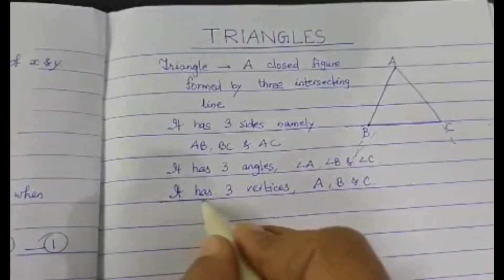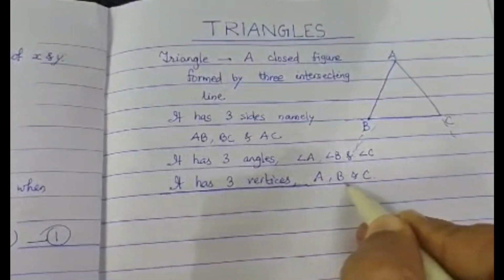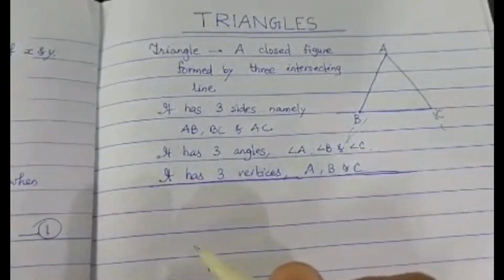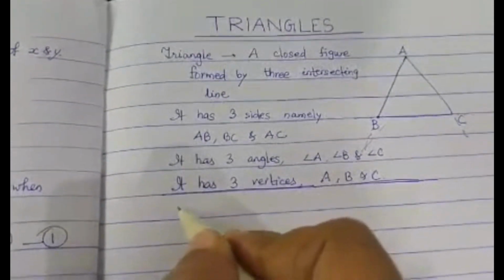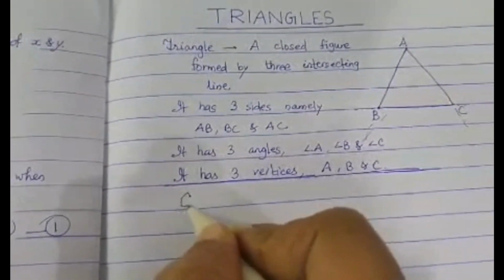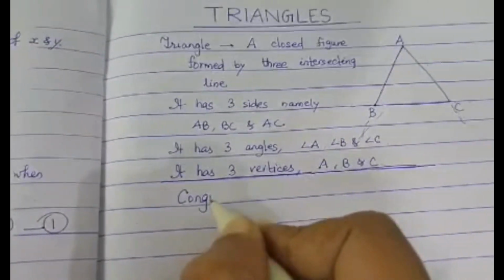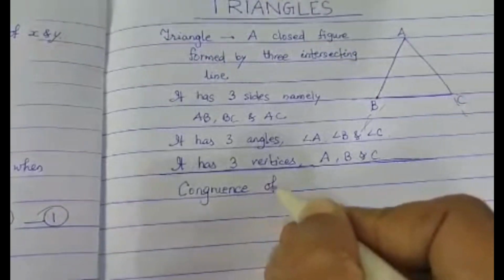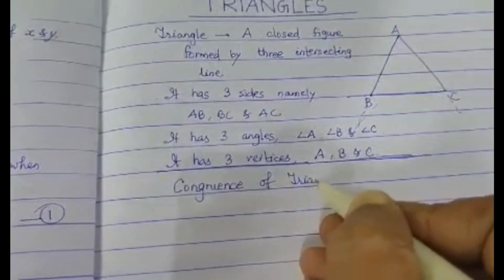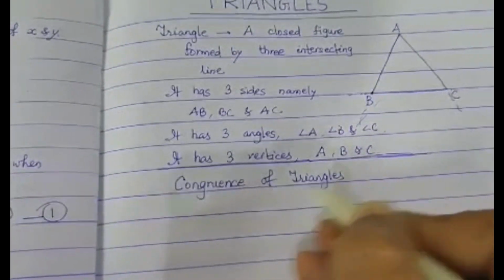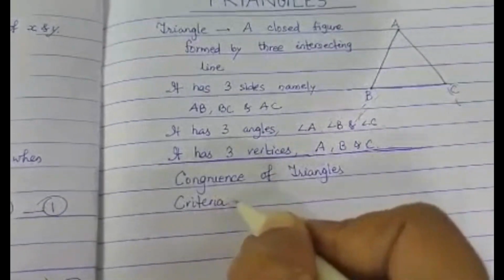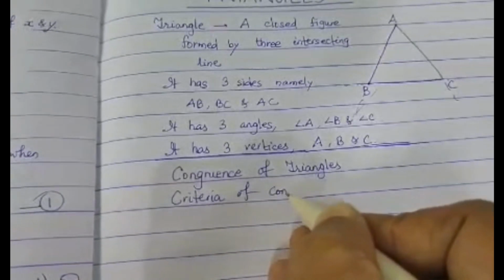So as I have told you, in this chapter we are going to study about the triangles, congruency of triangles, criteria of congruency of triangles. Let us write what we are going to study in this chapter. First of all, we will study congruence of triangles. Criteria. What are the criteria? Criteria of congruence.